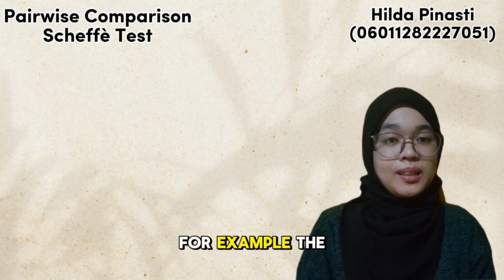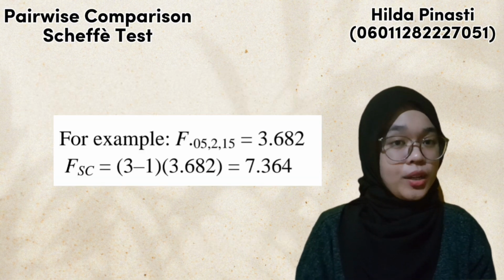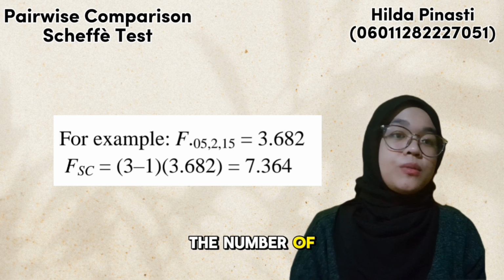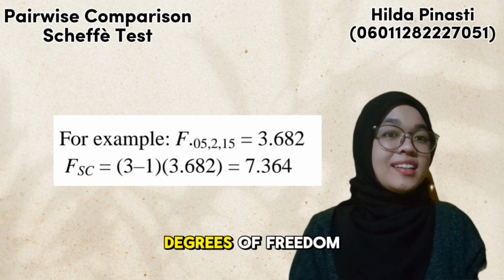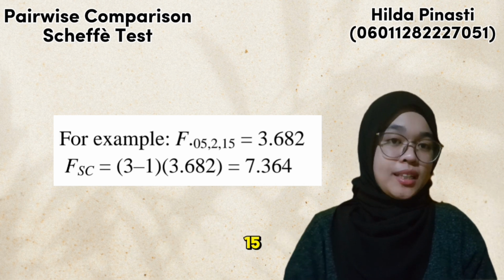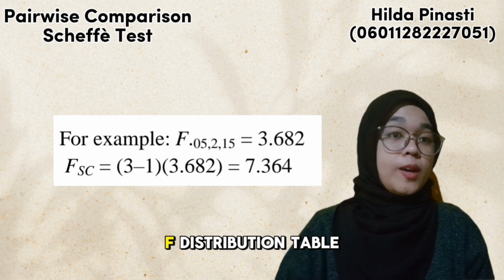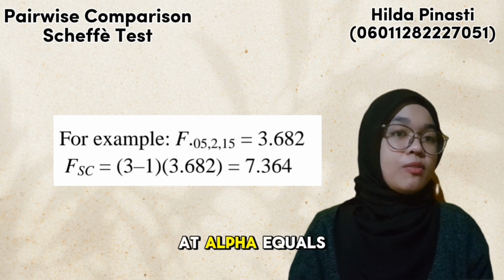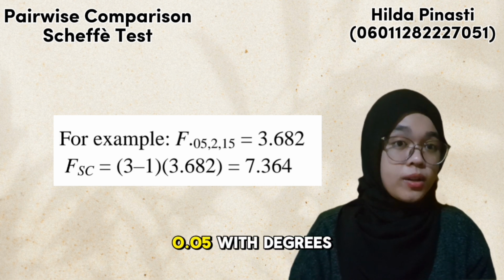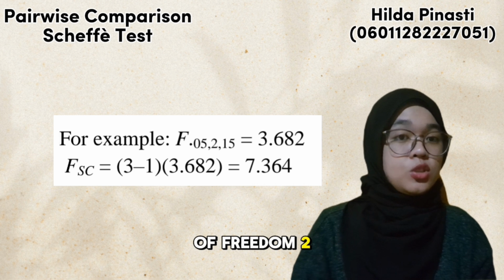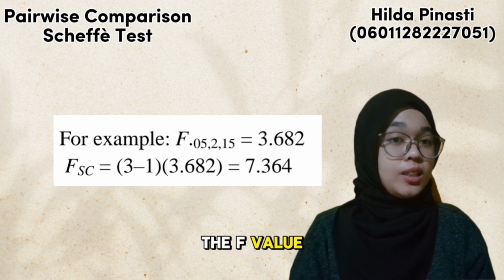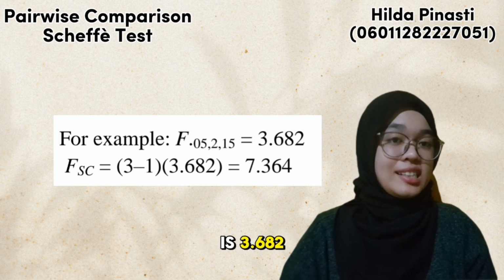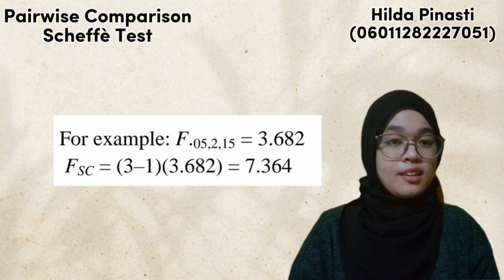For example, the alpha is 0.05. The number of groups is 3. Degrees of freedom are 2 and 15. So, from the F distribution table at alpha equals 0.05 with degrees of freedom 2 and 15, the F value is 3.682.